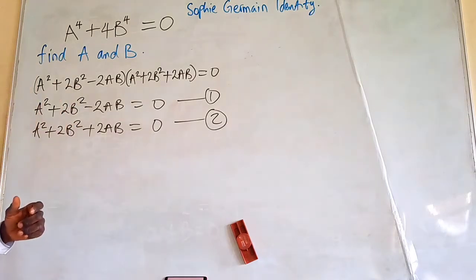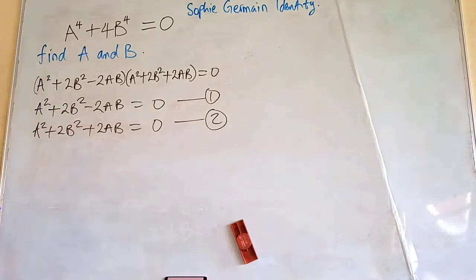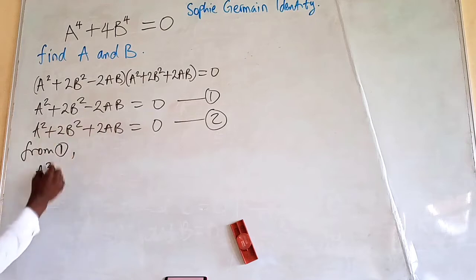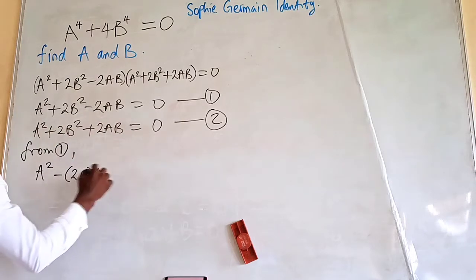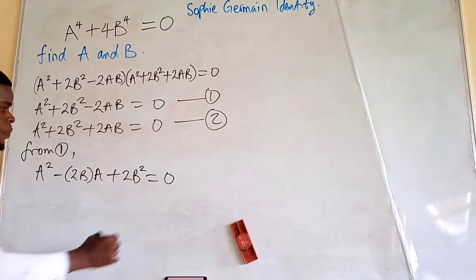Rather, I'm going to do a little of a substitution, and that means from equation 1, I can rewrite it as a squared, minus 2b times a plus 2b squared is equal to 0.